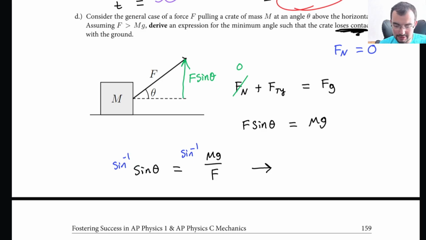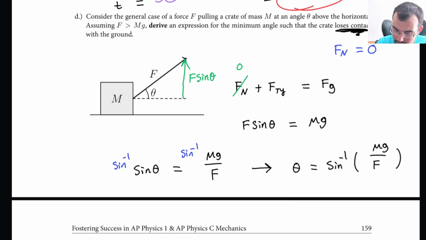To get our angle inside, this would mean that theta would be equal to inverse sine of mg divided by F. Kind of gross, but there's our answer.